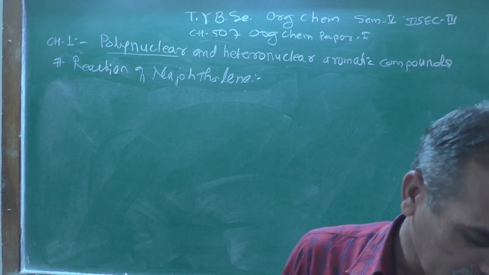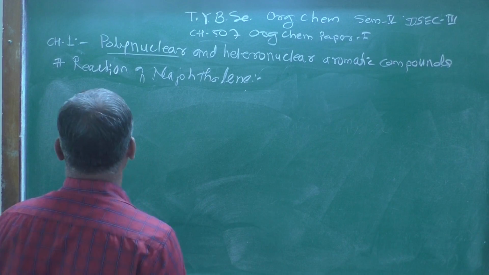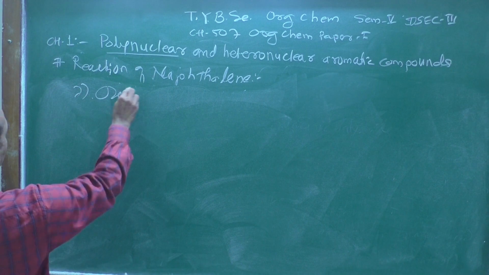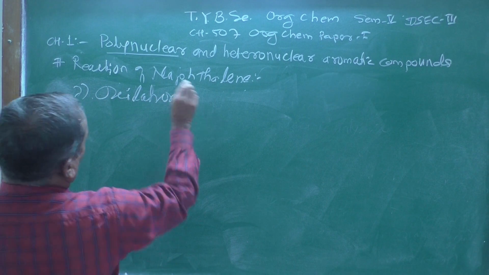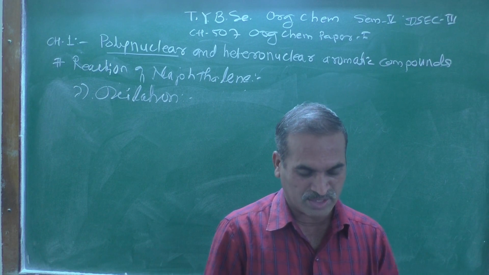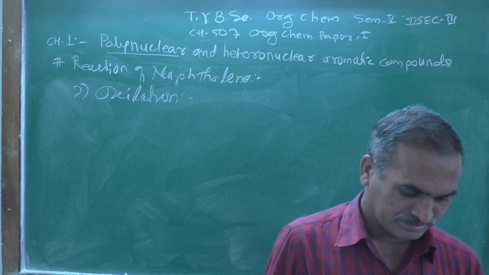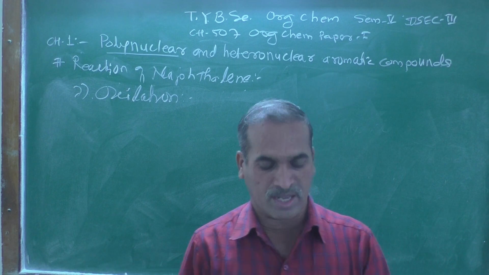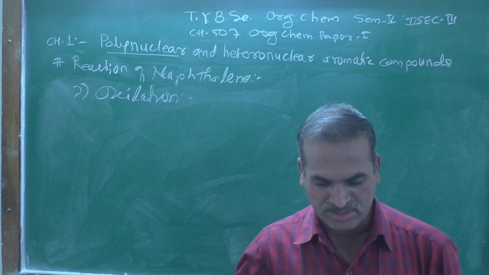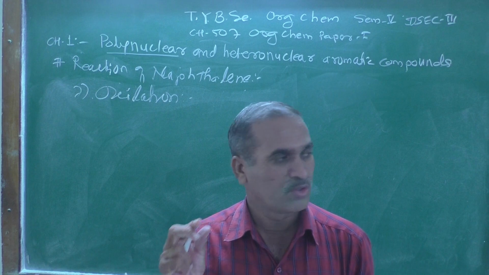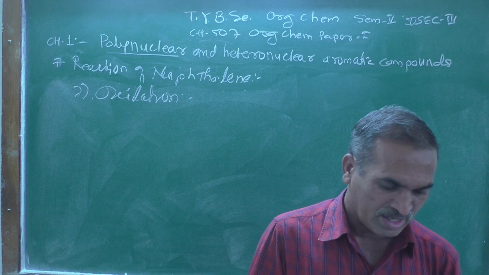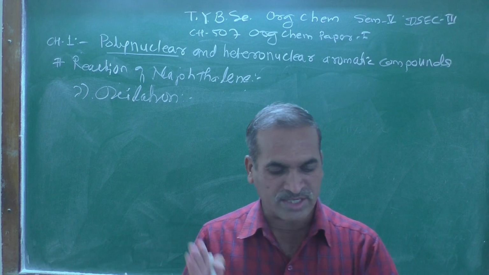Now today, because we are discussing the reactions of naphthalene, the seventh one is oxidation. Oxidation of naphthalene by atmospheric oxygen in the presence of V2O5, vanadium pentoxide, destroys one ring and yields phthalic anhydride.